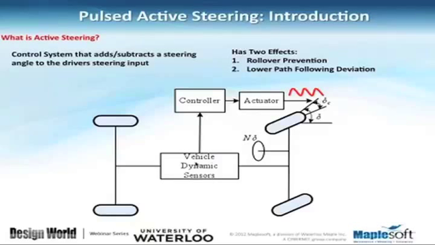Based on the difference between these two, the controller may activate that pulsation. Again, similar to ABS, if the wheel is getting locked, then it releases the pressure, or vice versa. So by adding that pulsation, we can, on average, increase the overall input of the driver, or if the pulsation is in the other direction, then we can reduce or subtract from the input of the driver.